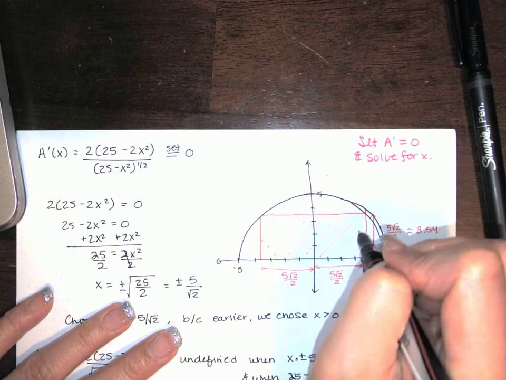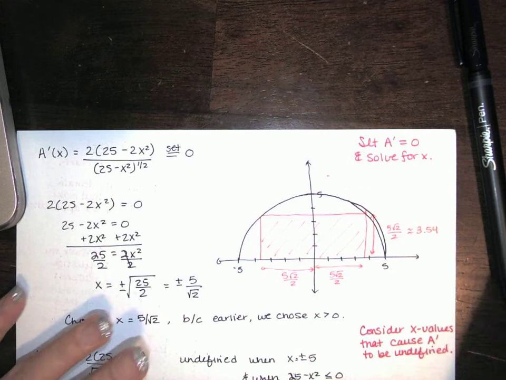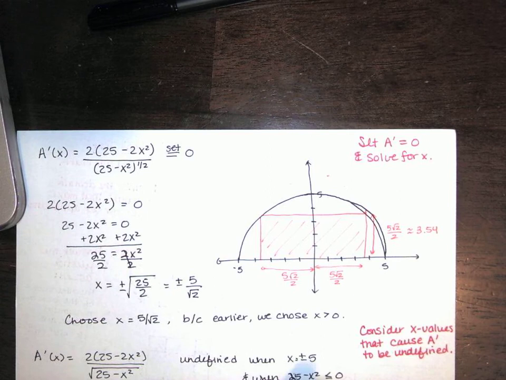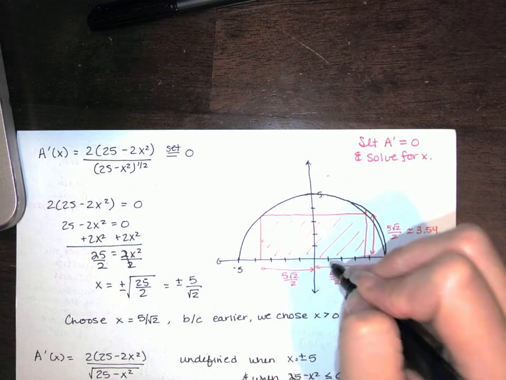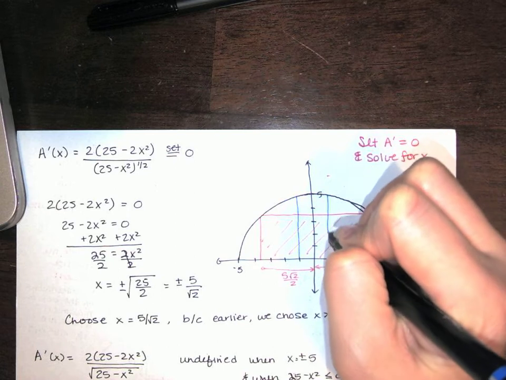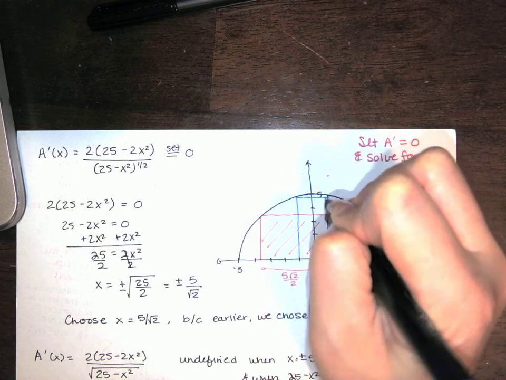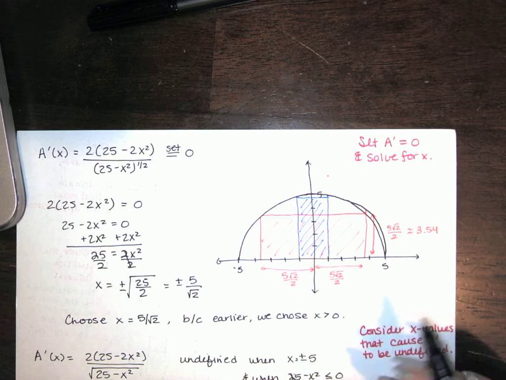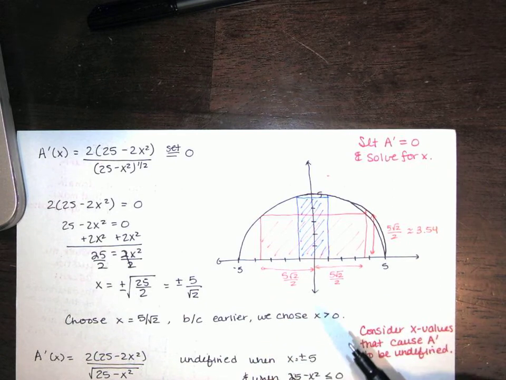If you're saying to yourself, isn't that exactly the same picture that we started with? Well, yeah. But think about the other x values. If x is, let's say, 1, then our rectangle would look like this. So we could still inscribe a rectangle in the semicircle, but that area is not going to be as large as this area.